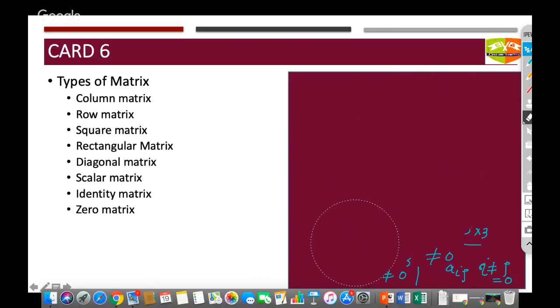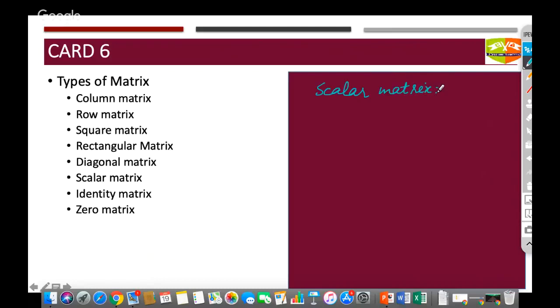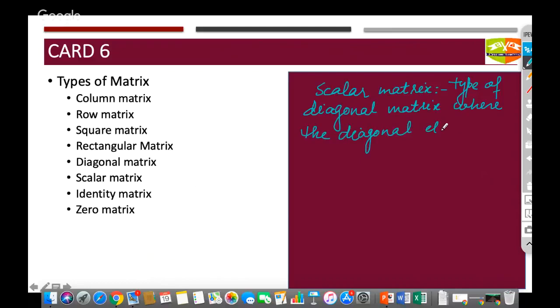So you should write the definition like this: a scalar matrix is a type of diagonal matrix where the diagonal elements are equal.